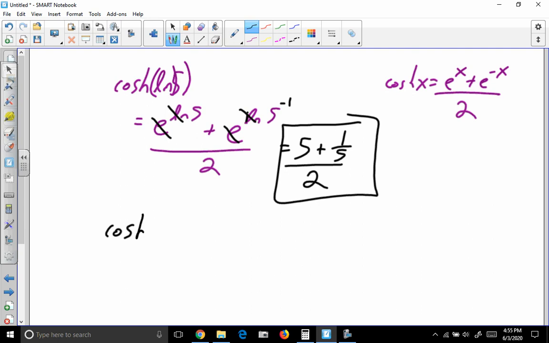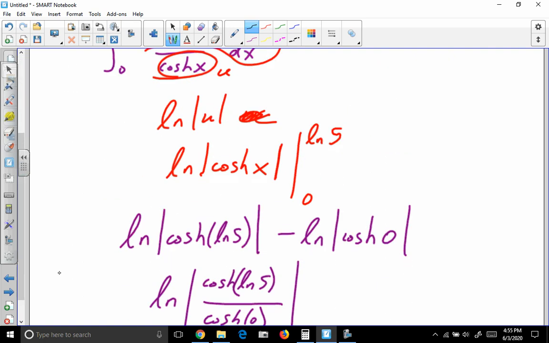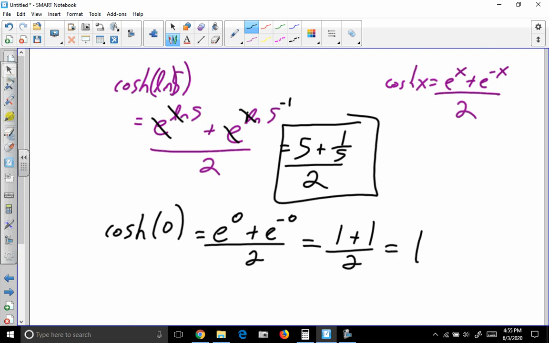And then we need hyperbolic cosine of 0. So we're going to plug a 0 in. So that's going to give us e to the 0 plus e to the negative 0 over 2. E to the 0 is 1. E to the negative 0, well, negative 0 is just 0, so e to the 0 is 1. 1 plus 1 is 2, so that makes 1.